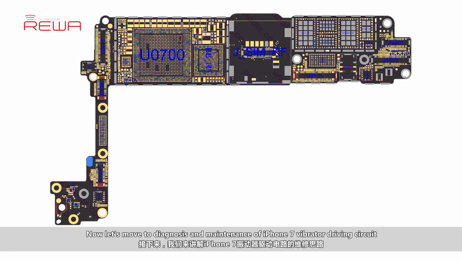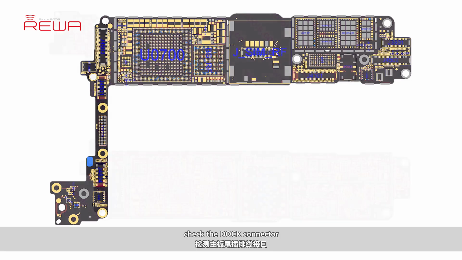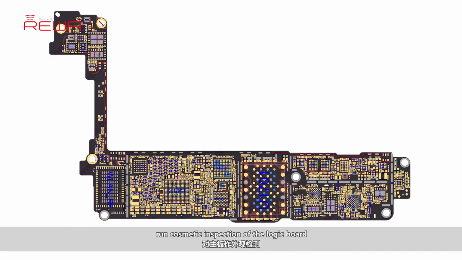Now let's move to diagnosis and maintenance of iPhone 7 vibrator driving circuit. First, replace the charging port flex cable and the vibrator. Check the dock connector. Run cosmetic inspection of the logic board. And check whether vibrator driving circuit relevant area is normal, so as to confirm whether the fault is caused by external factors.